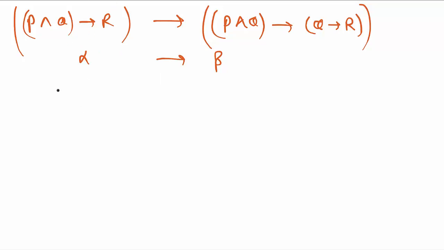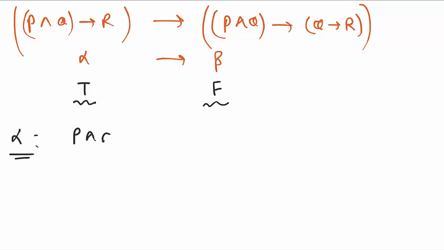So to make this true and to make this false, let's see what is easier. We can take anything. Let's take alpha. Let's see if we can make it true, and at the same time see if we can make beta false.